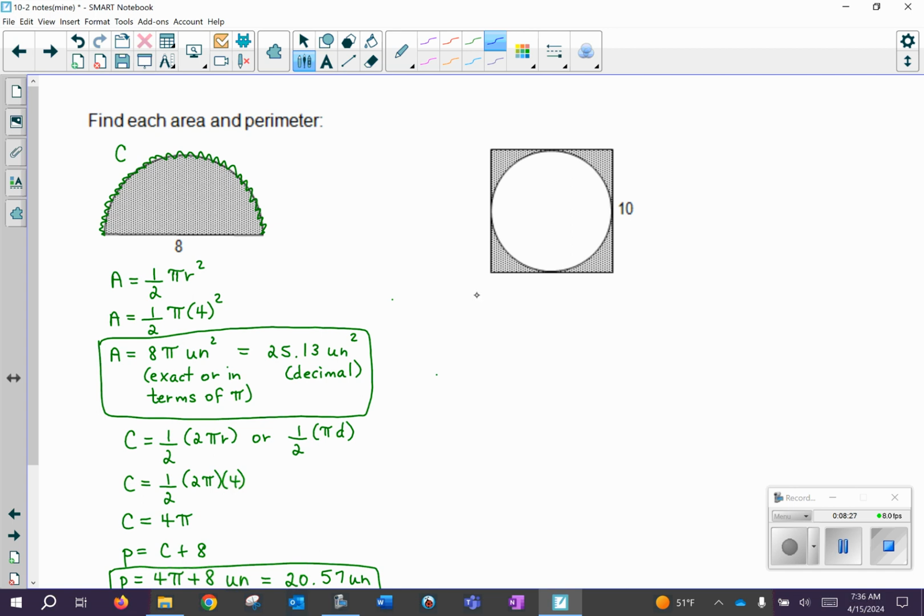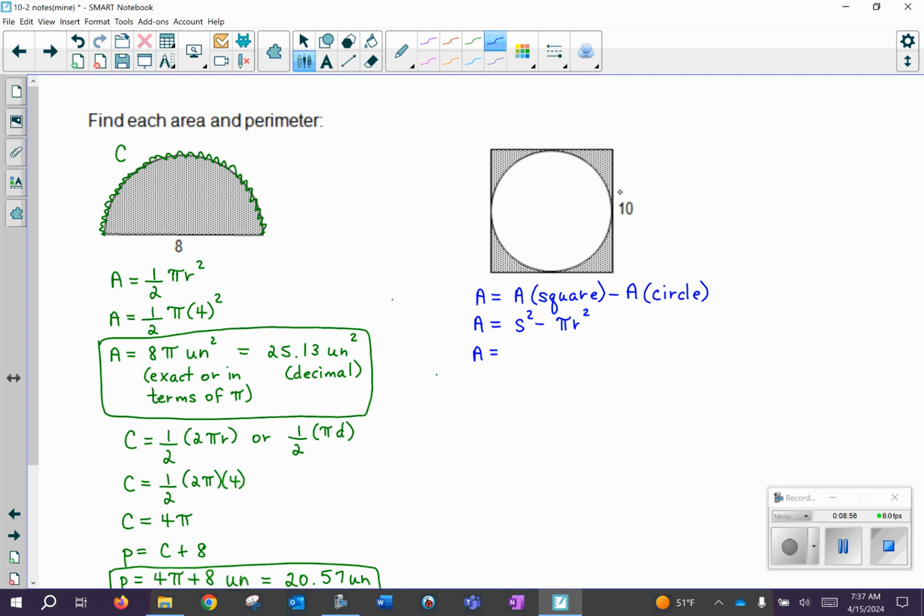All right, so anyway, I'm going to do the area. Total area will be the area of the square, right, the outer big shape, minus the area of the circle, the inner smaller shape. All right, so writing down those equations again, area of a square is side squared, minus the area of a circle is pi r squared.